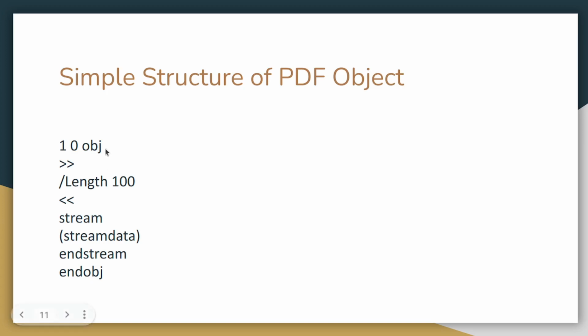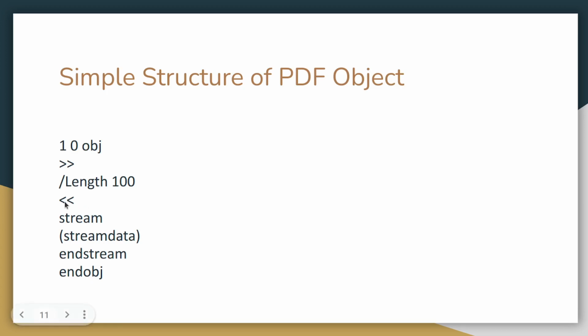The obj is the main parent, the holder, and inside it there is this arrow sign which indicates the length of the stream, and there is the stream and the endstream. So the main thing is that we need both of them. We need obj and endobj, and then inside we need the arrow sign to indicate the starting point of the data inside them, the starting arrow sign, then the ending arrow sign.